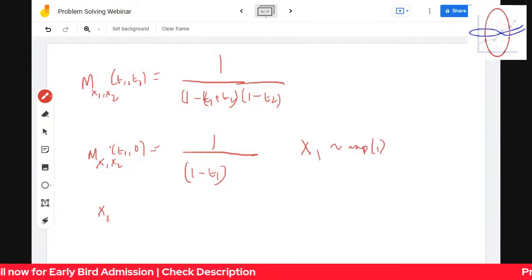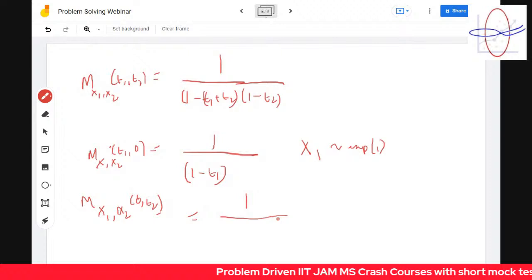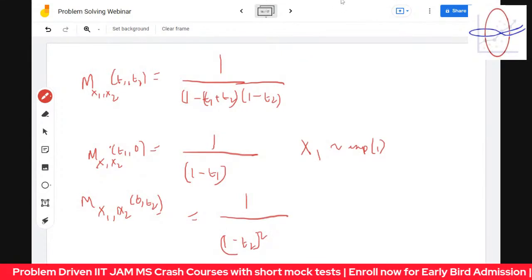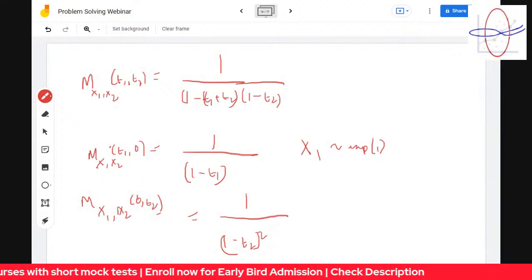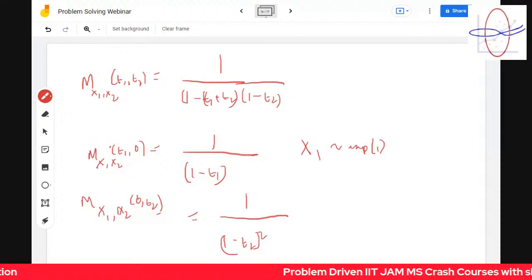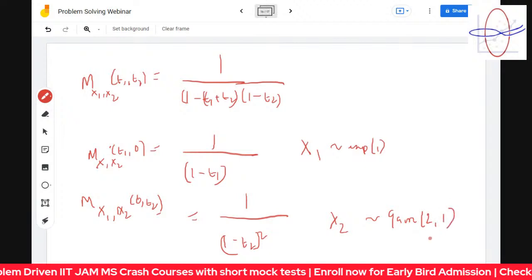If you put 0 comma t2, you get 1 by 1 minus t2 whole square, which is gamma 2 comma 1, I guess.